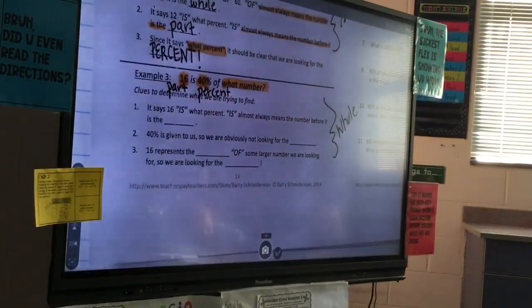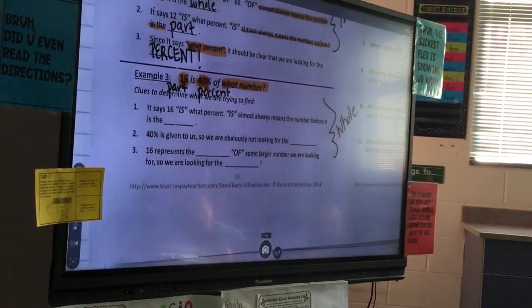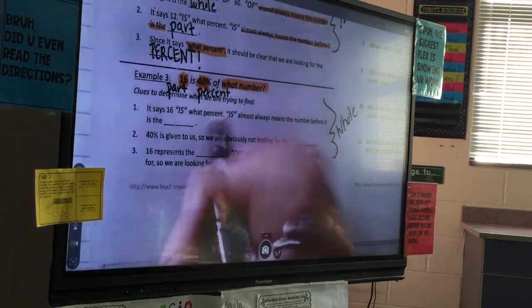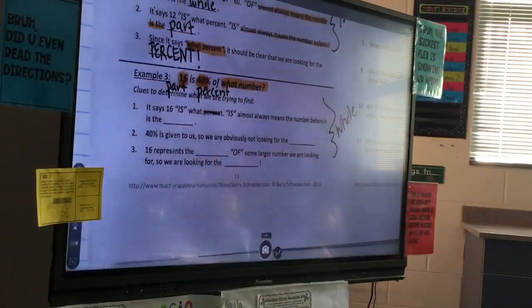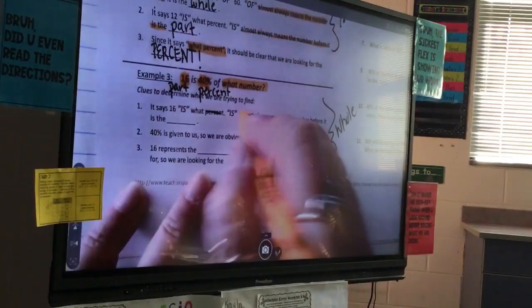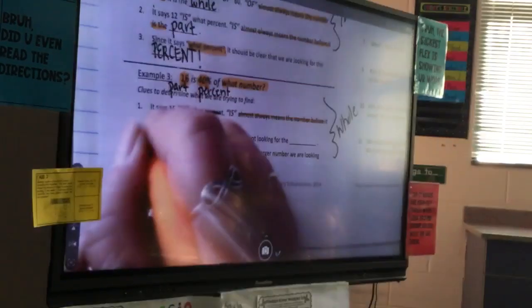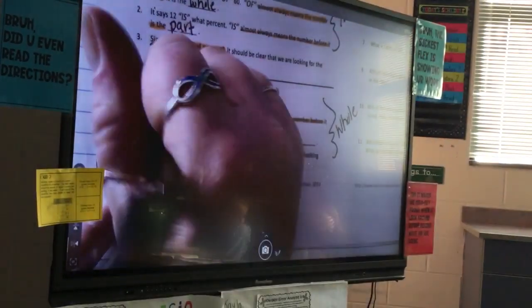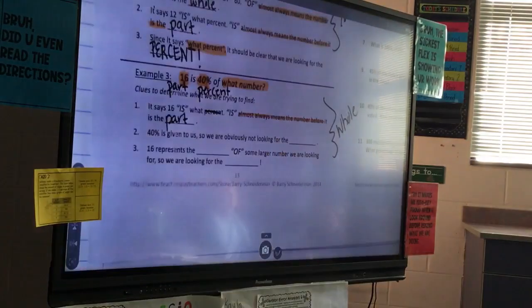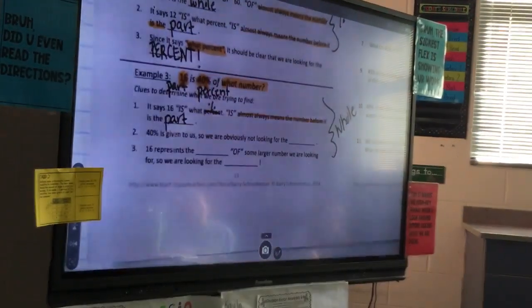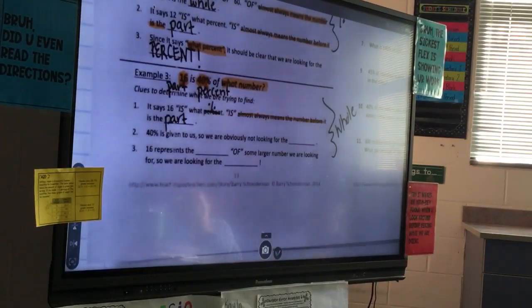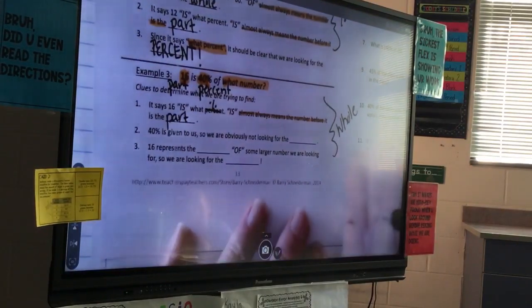It says 16 is what percent? No, that's wrong. That should be what number? Just kidding. "Is" almost always means the number before it is the part. Let me just stop and read what we're doing, not try to change it. Number 2, 40% is given to us, so we obviously are not looking for what?